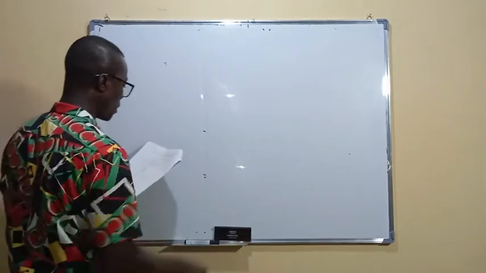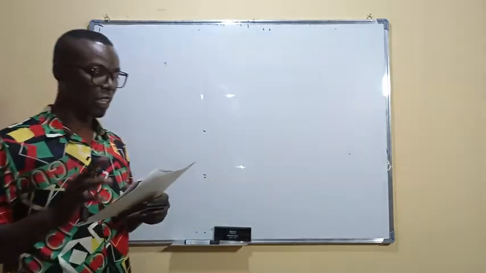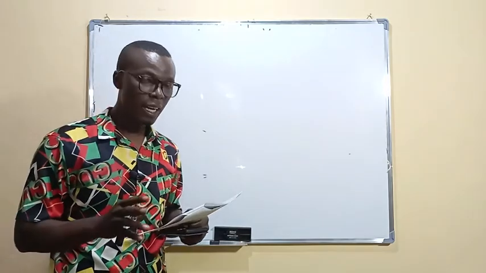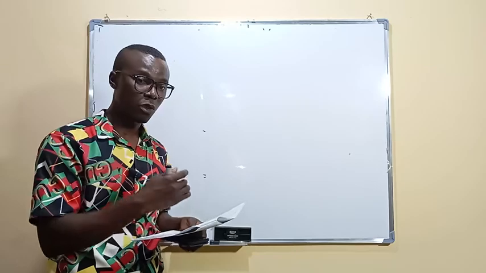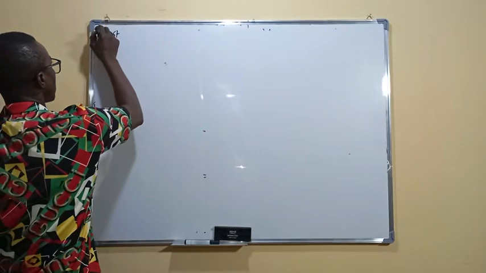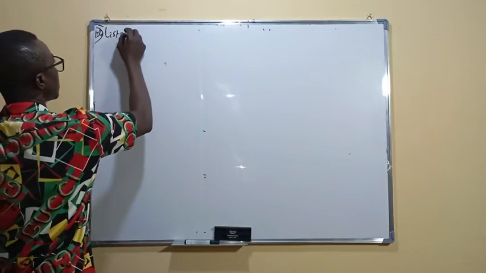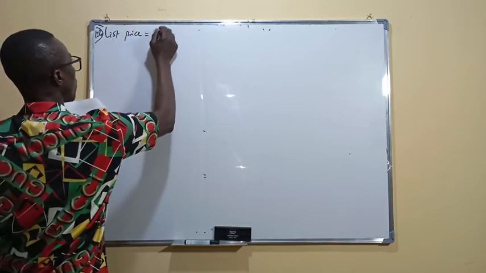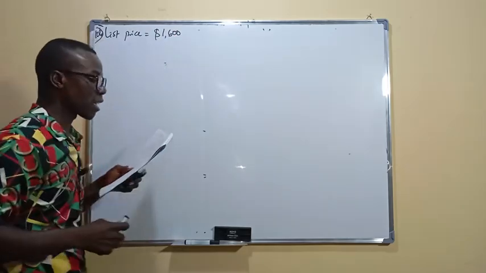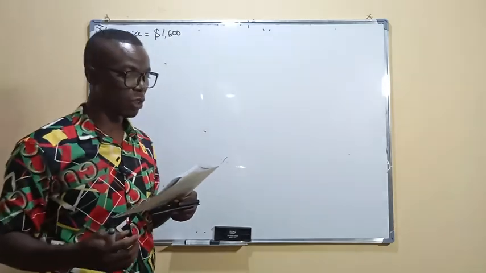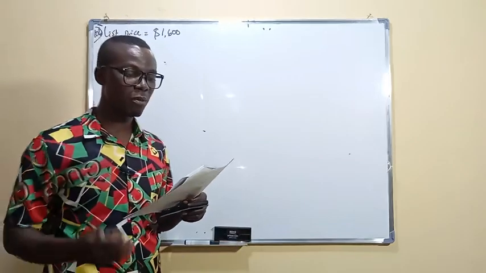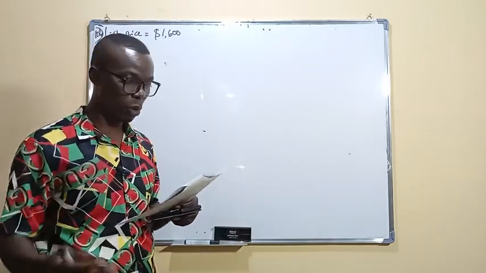Now the B part of the question says, the list price of a television set is $1,600. As you say again, you take the question gradually. So we say the list price is $1,600. It can be purchased by a deposit of $400 and the rest of the amount paid by 12 monthly installments.